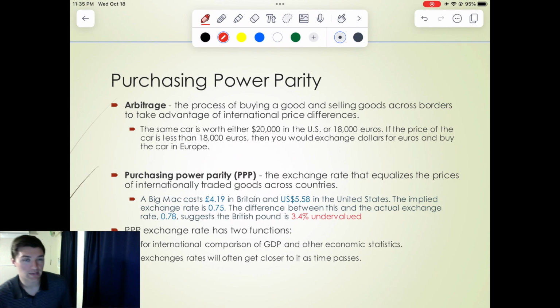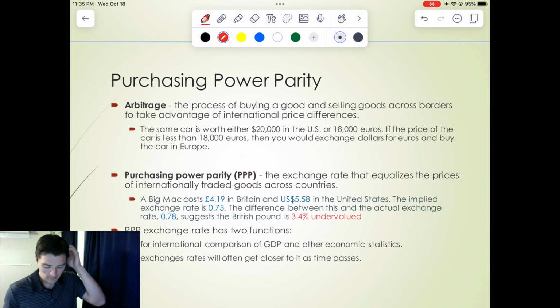Okay, so basically what's happening here is you have a car in the US that says $20,000, and you look on the exchange rate website and say, okay, $20,000 equals 18,000 euros. Then all of a sudden you look back next week, and the exchange rate is the same, but that car in Europe is now 16,000 euros.